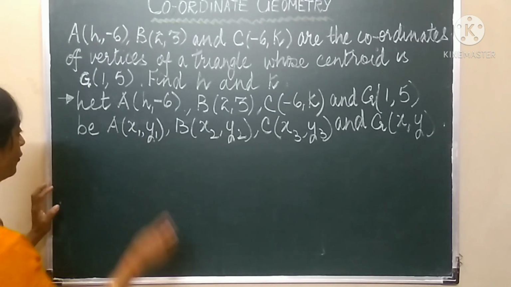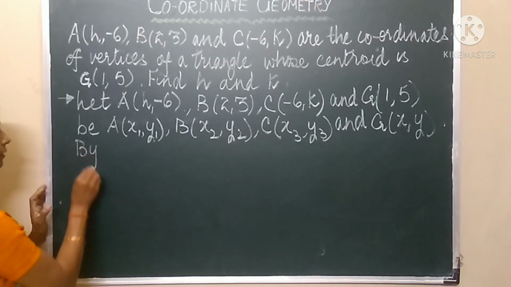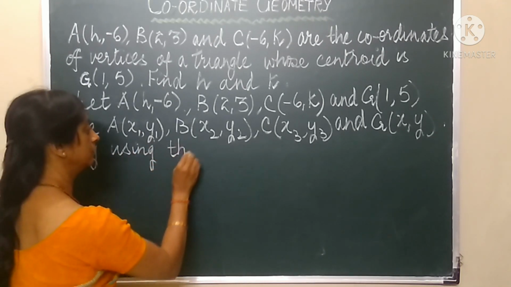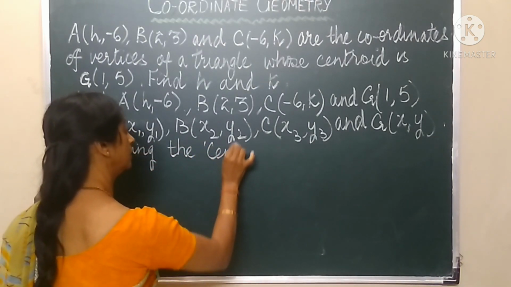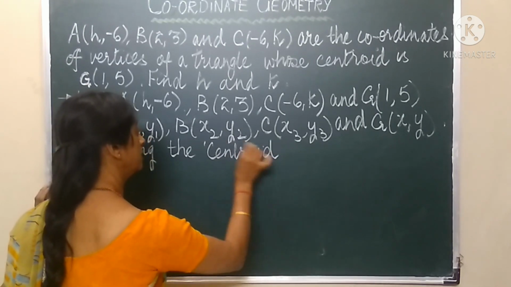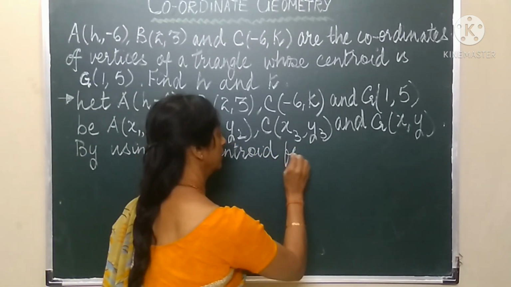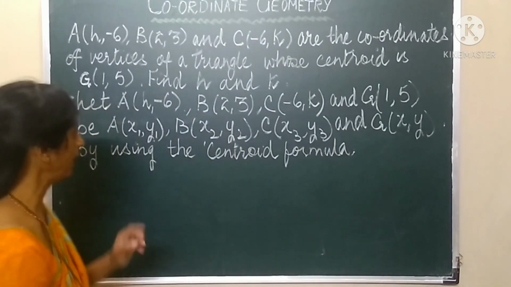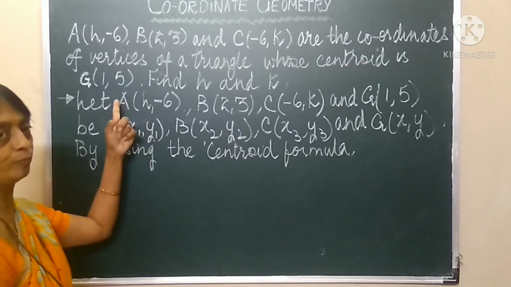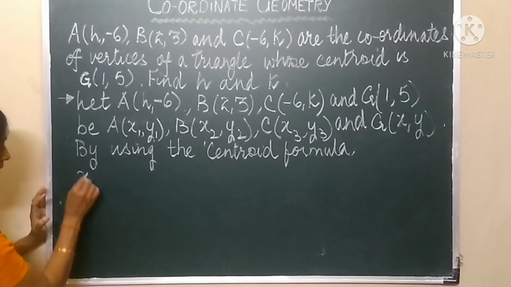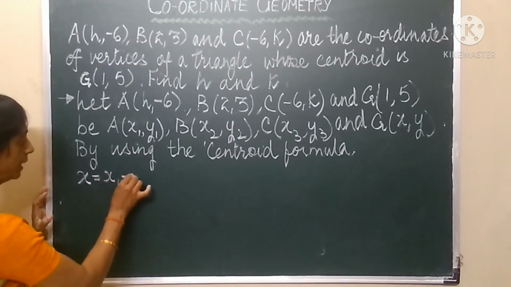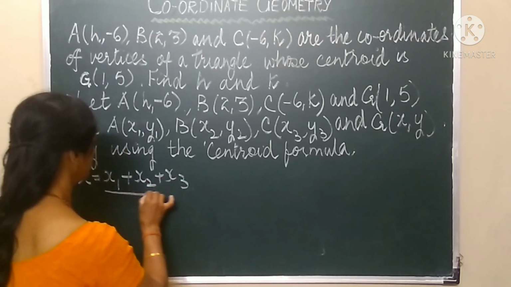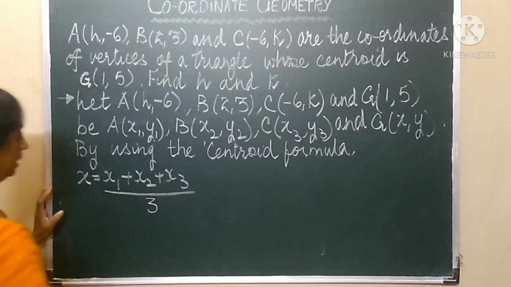Now, what do we use? We use the centroid formula. Let's first find out the x coordinate of point A. So the formula goes as x is equal to x1 plus x2 plus x3 upon 3.